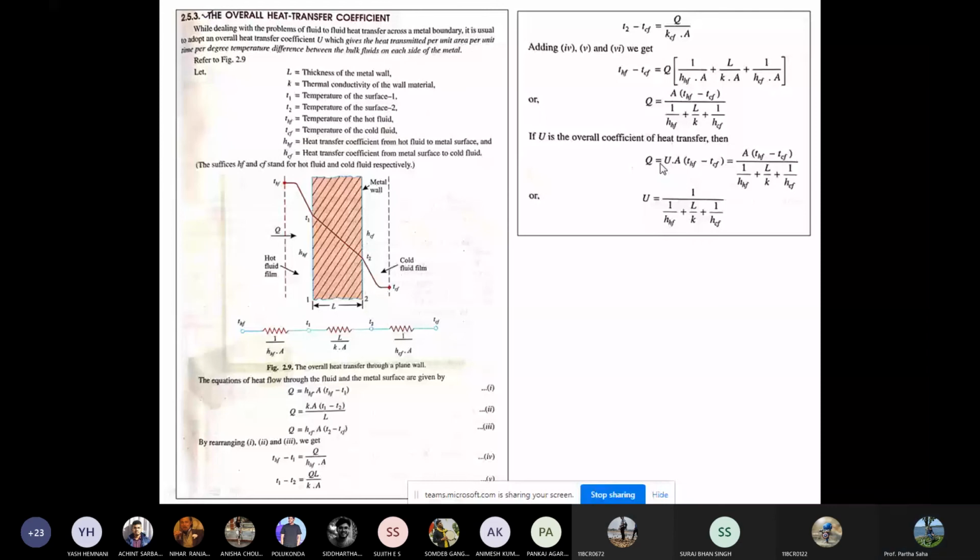Equating these two equations, U will be 1 divided by 1 by HHF plus L by K plus 1 by HCF. So this expression is very, very useful. If you need to do any kind of numericals in future, you should always remember these expressions, and it will be easy for you.